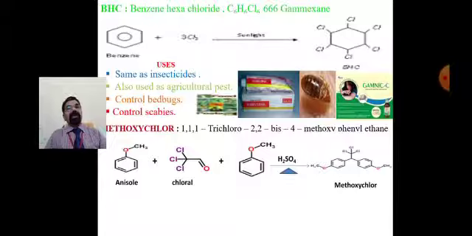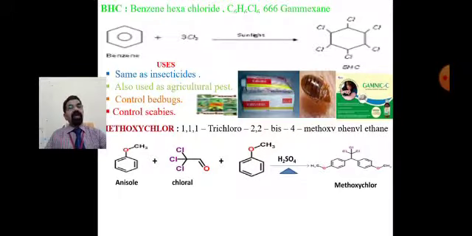Hence, it is also a condensation reaction between 2 moles of anisole, that is methoxybenzene, and 1 mole of trichloroacetaldehyde, that is chloral, in the presence of a dehydrating agent, concentrated sulfuric acid, to form the final product called methoxychlor.